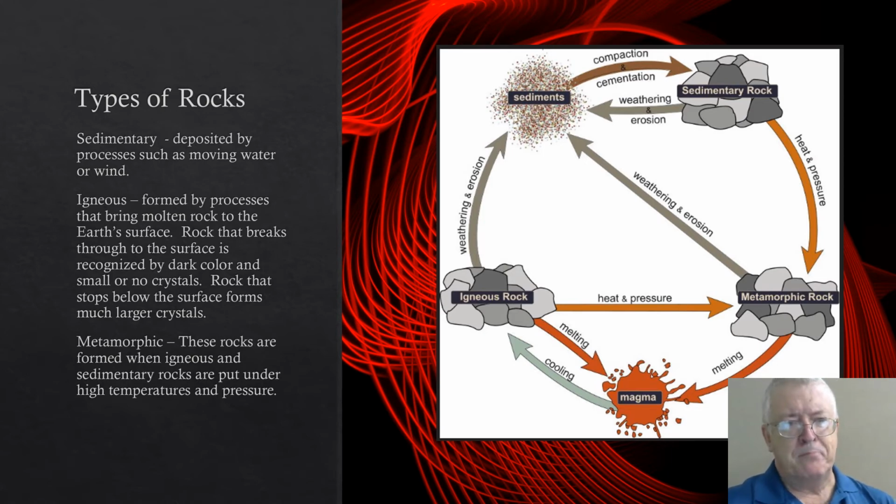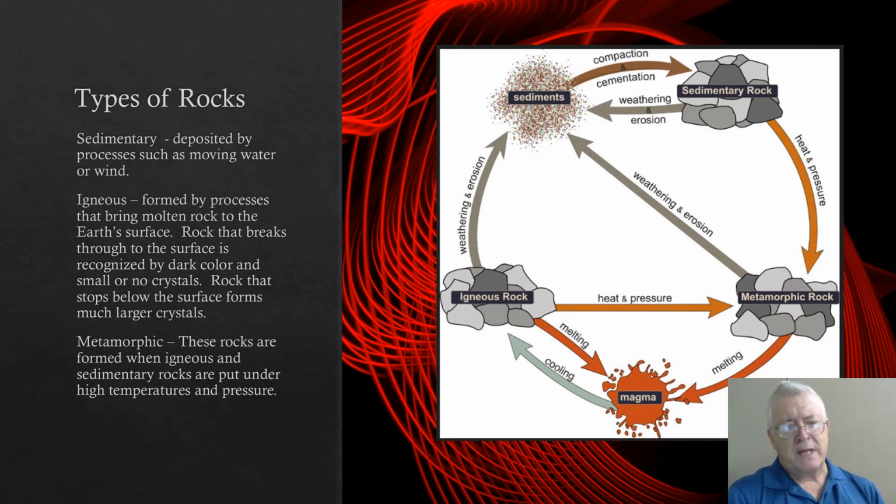These form much larger crystals, and sometimes their erosion allows them to be above the surface, and a lot of the rock formations you'll see are from these rock formations that stop below the surface.